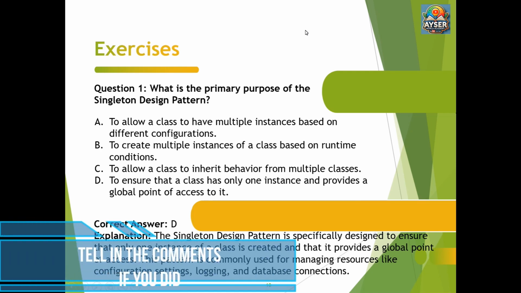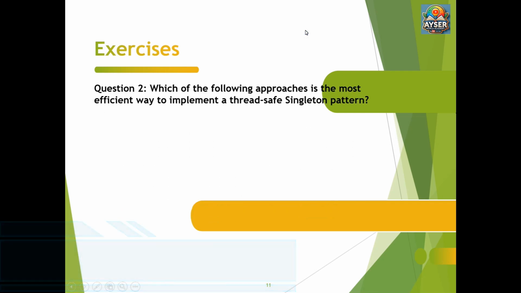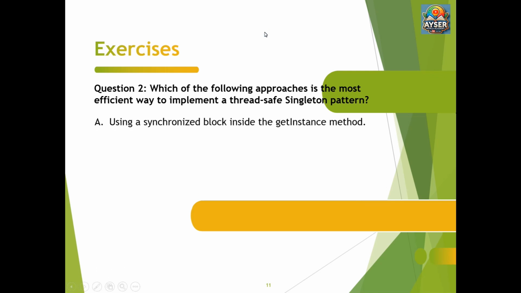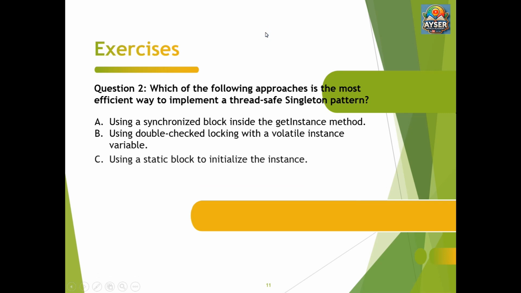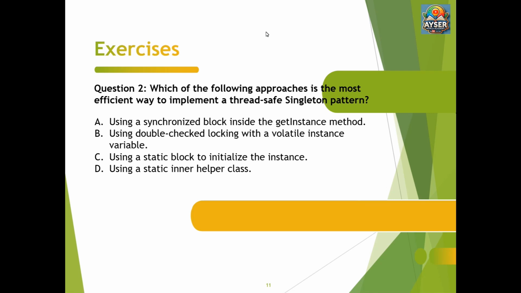Now moving to another question. Which of the following approaches is the most efficient way to implement a thread-safe singleton pattern? During the different types of singleton pattern, we discussed what issues arise and how we are going to solve them. If you watched the video, you can answer this question.